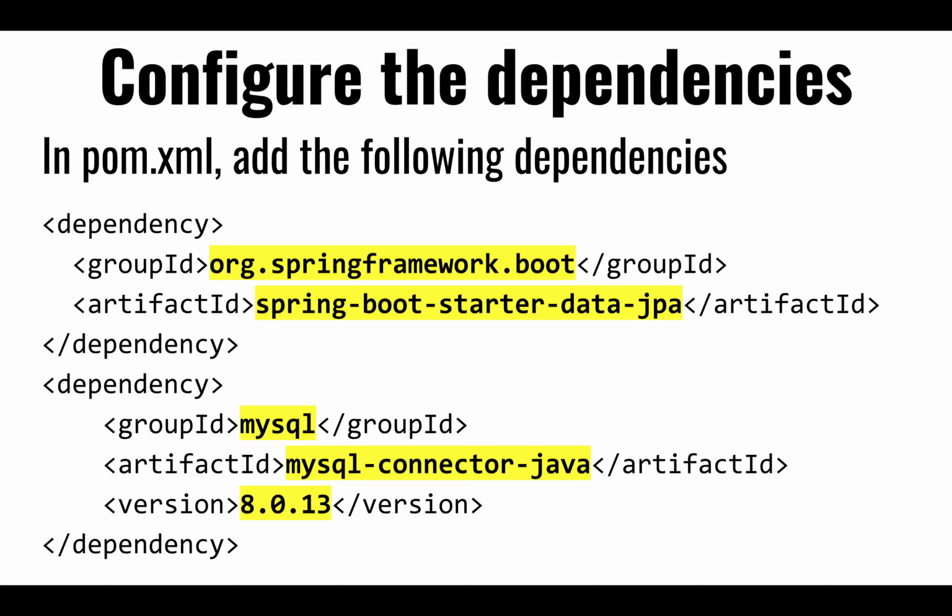So for the other dependencies down below here, I'm using MySQL 8. Depending on the version that you're using, you'll need the correct version here. This is one of the later ones, and so this should work if you've downloaded the latest MySQL server locally on your local machine. This should work fine locally.